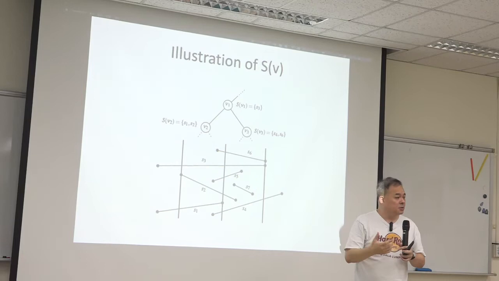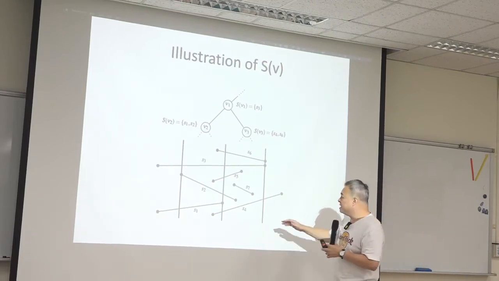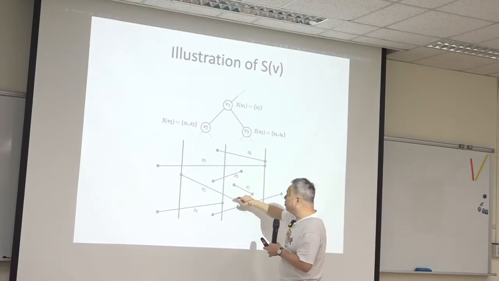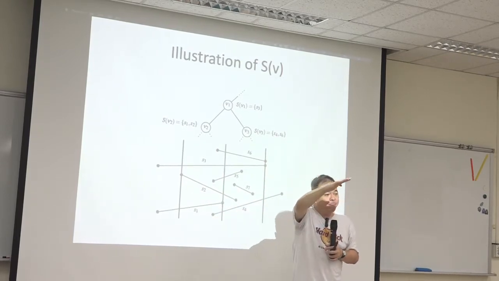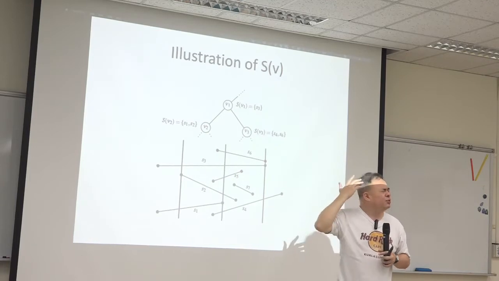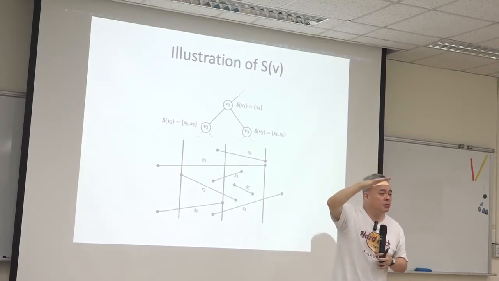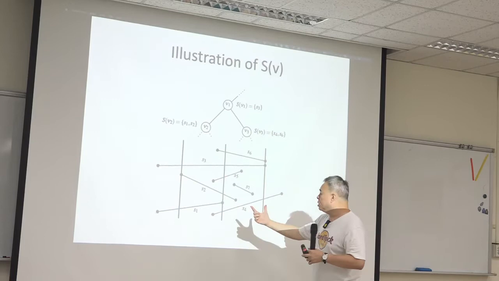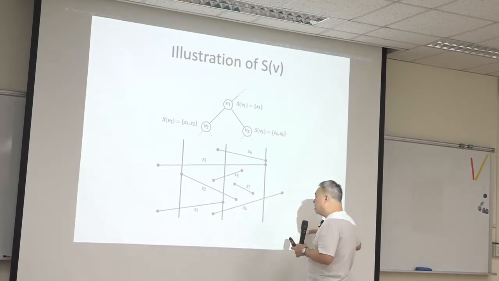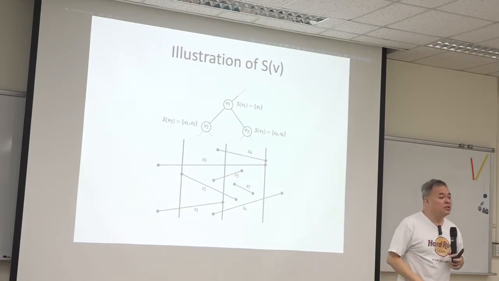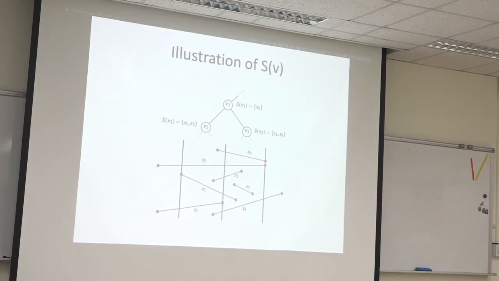So for all the endpoints, we consider the x coordinate. You sort of project each of these segments onto the x axis. Then each of these segments will become one interval, right?